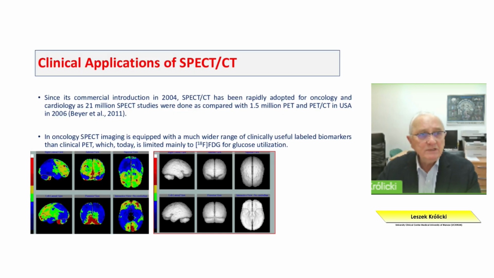Further development was about development of CT systems. Now we use 64 or 128 rows. And of course, nuclear medicine has developed. So the gamma camera heads have also been developed. So what's the clinical application of SPECT CT system?